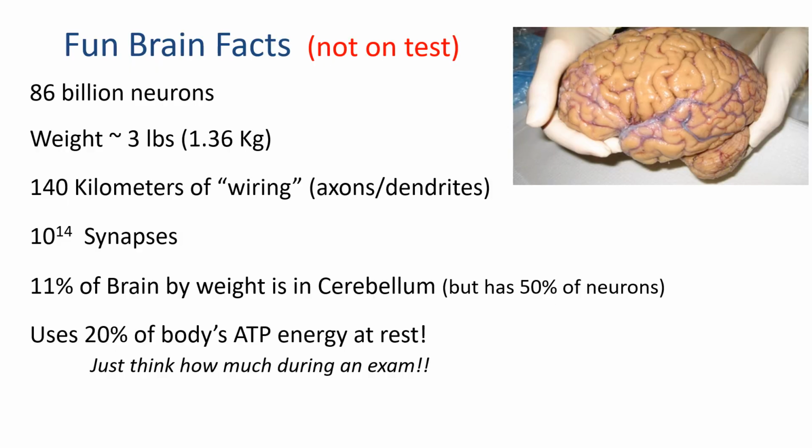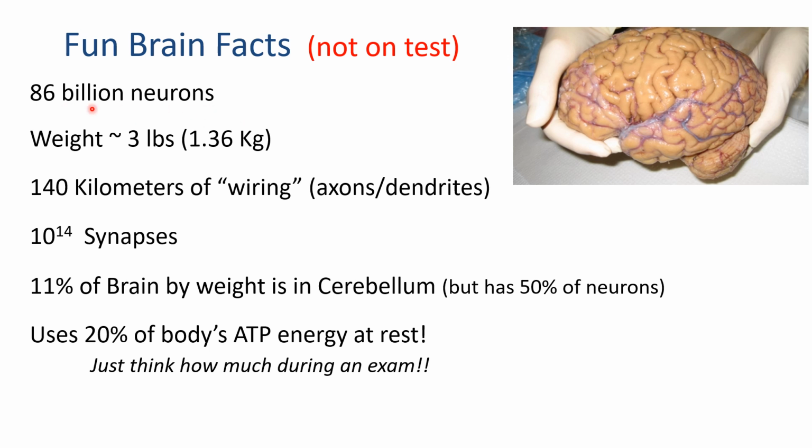Just a few fun facts for you. Again, not testable material, but if anything, this slide is meant to help you see why it's okay to geek out on the central nervous system a little bit and be in awe and imagine what the brain is capable of. Then when you're imagining, when you're thinking about things, you're actually learning.